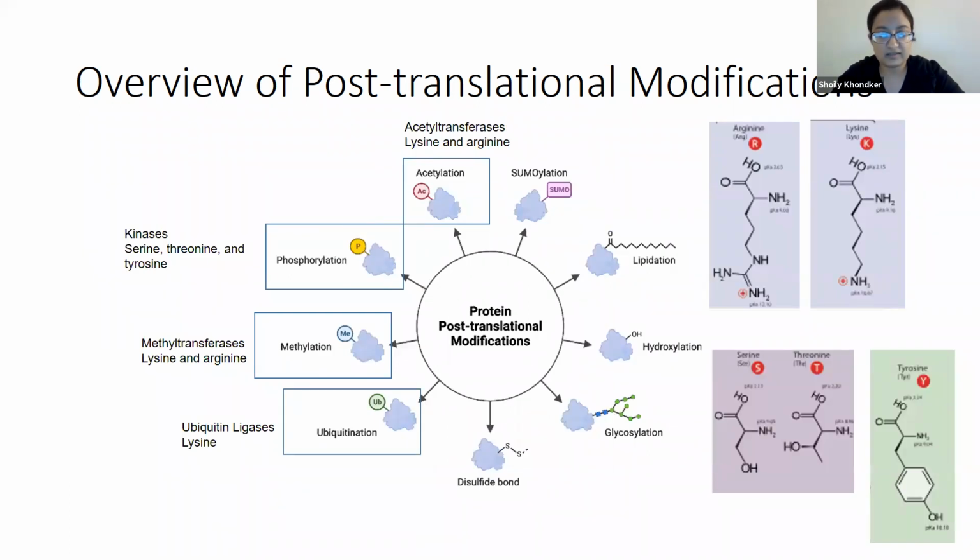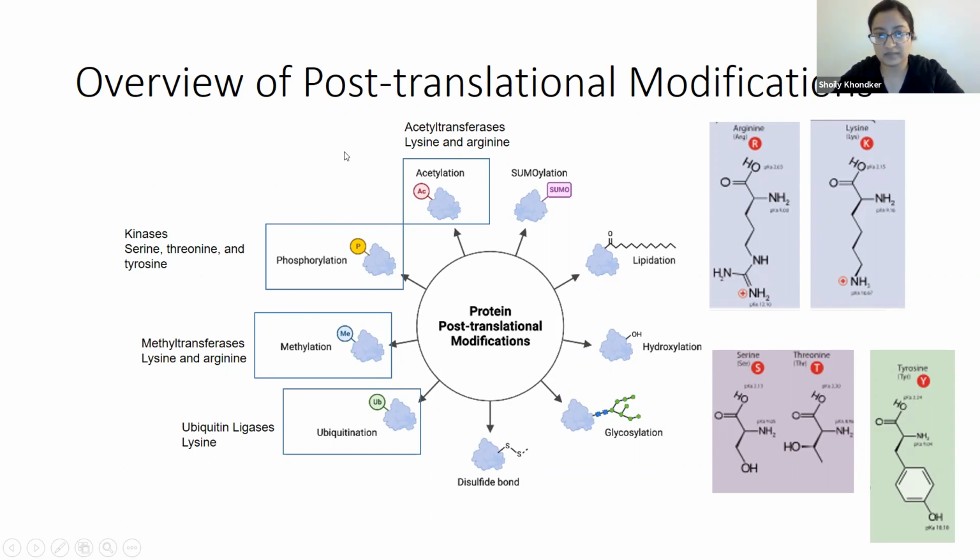Before I get into detail, I also want to go over which enzymes or molecules are responsible for these modifications and which amino acid residues are being targeted. Acetylation is carried out by enzymes called acetyltransferases, and methylation is carried out by methyltransferases.